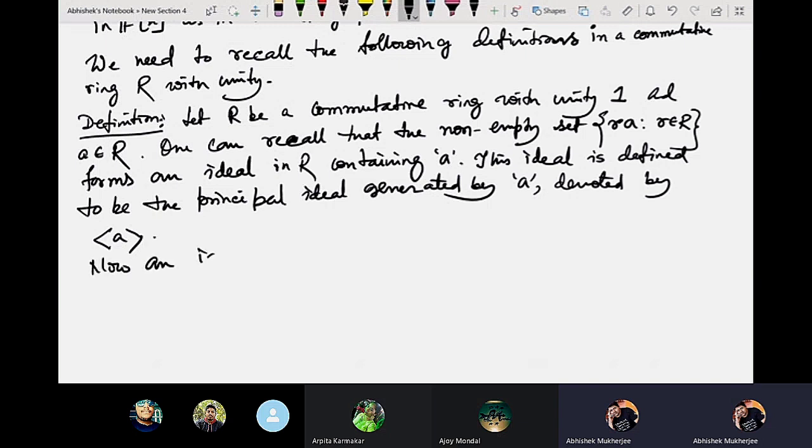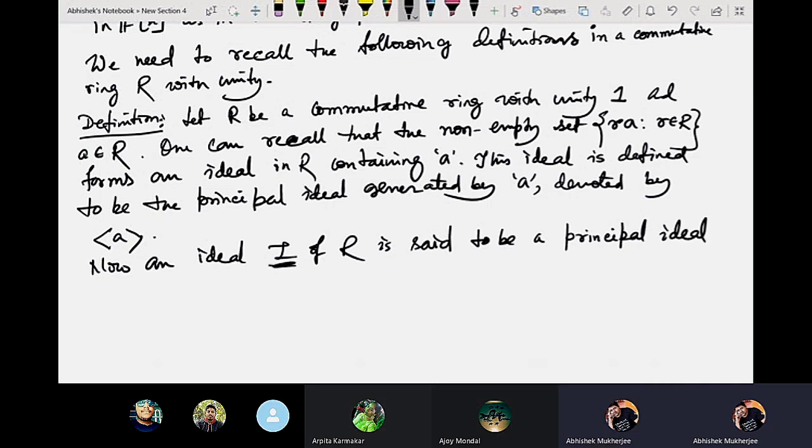Now an ideal I of R is said to be a principal ideal in R if you can find an element a in the ring R such that the ideal I will be generated by a.